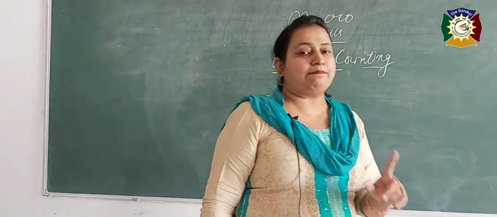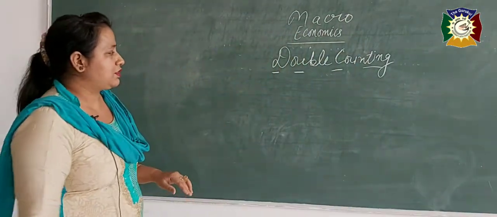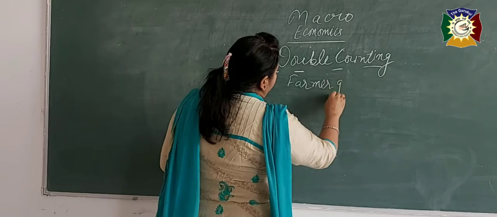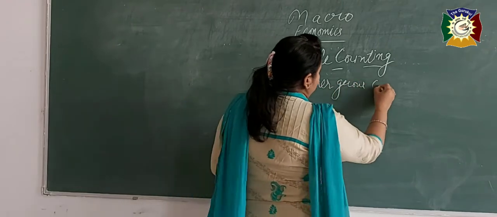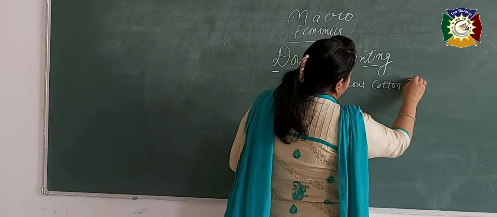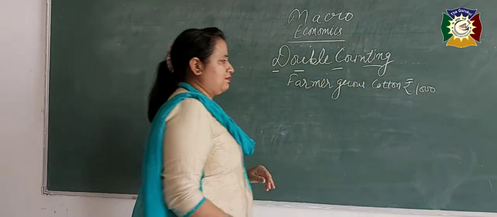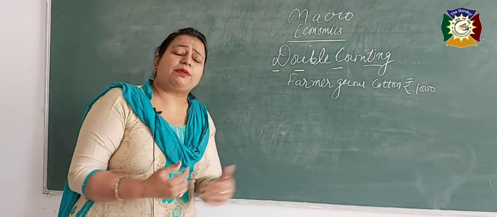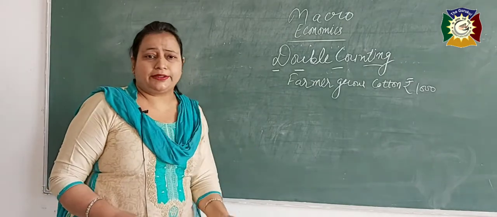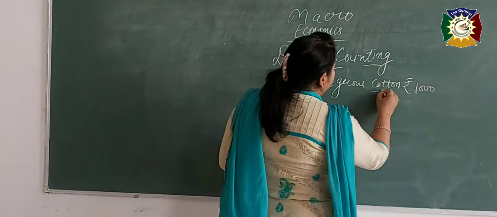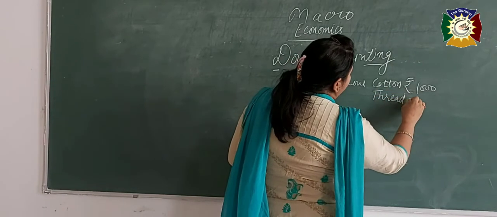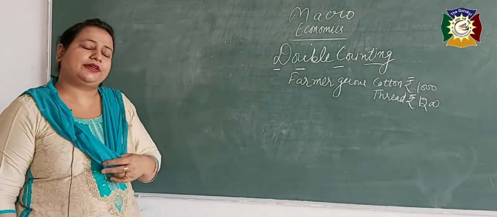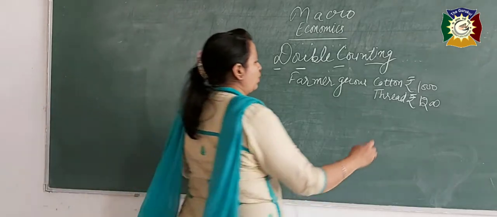I am giving you one example. Suppose a farmer grows cotton worth rupees 1000. Now it comes from the primary sector. Now it will go to another sector and be converted into thread. The value rises, that is 1200. The thread will be converted into clothes.